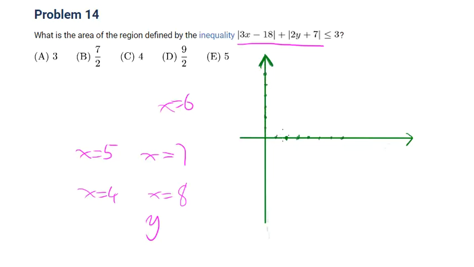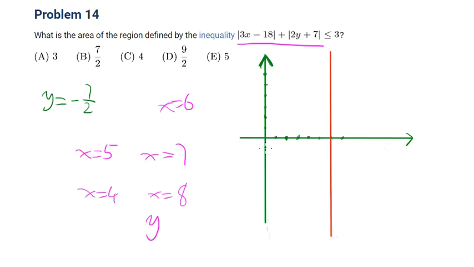To say this is 1, 2, 3, 4, 5, 6. Okay, so this is an important line of symmetry here. Anyways, now I have 2y plus 7. When does this equal 0? It's when y equals negative this, right?